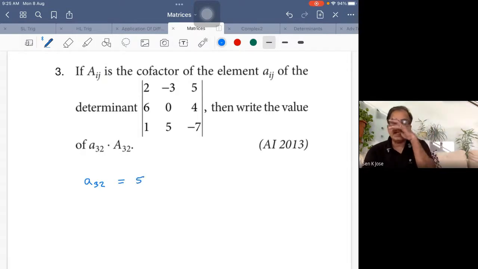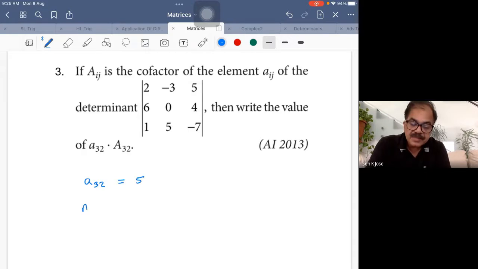Now I need uppercase A32, which means the cofactor. What's the sign? You can count and take it, or use minus 1 to the power of i plus j.